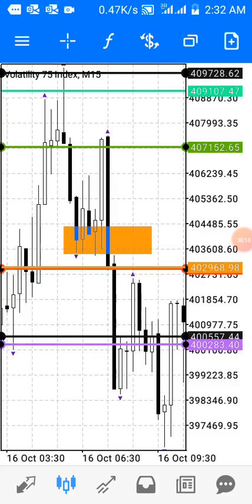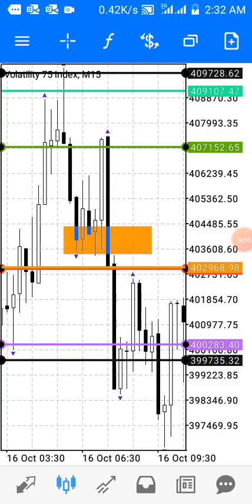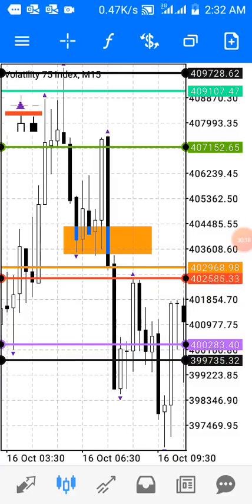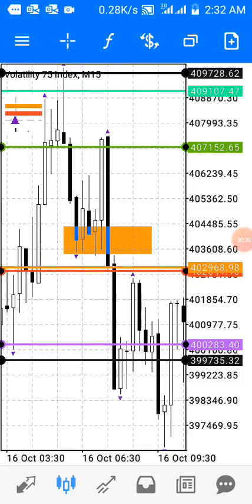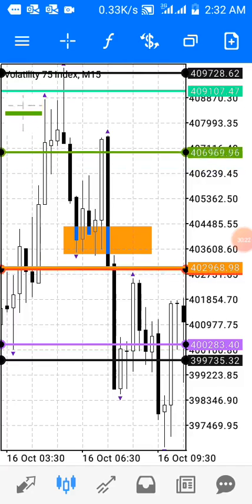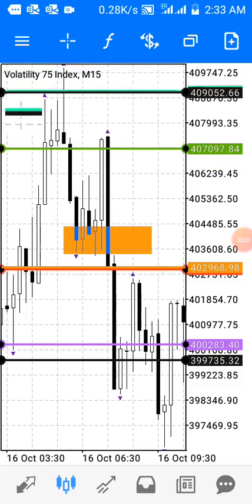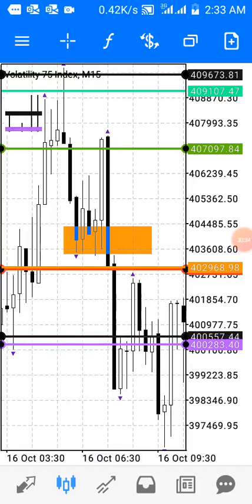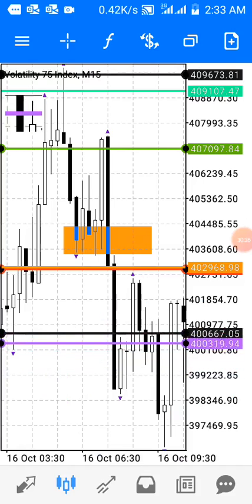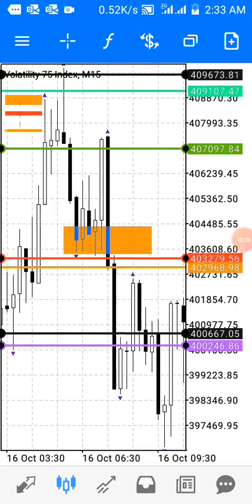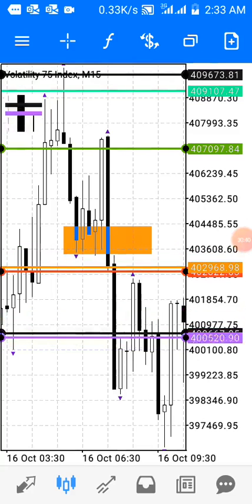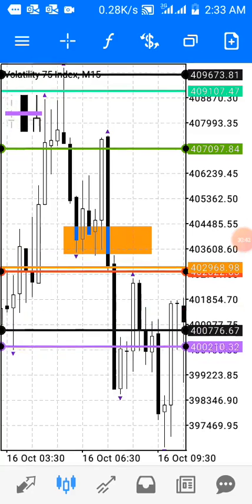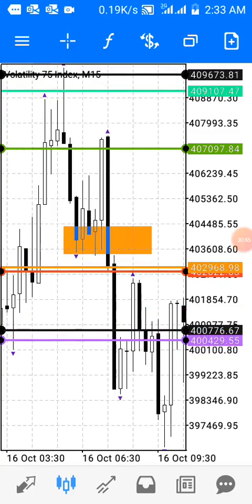Let me take it again. My initial sell entry order here, my first hedge trade here. The take profit of my first hedge trade is 2,500 points, and its stop loss will automatically be 6,700 points, which is 4,000 plus 2,500 plus 200. That will be the stop loss.